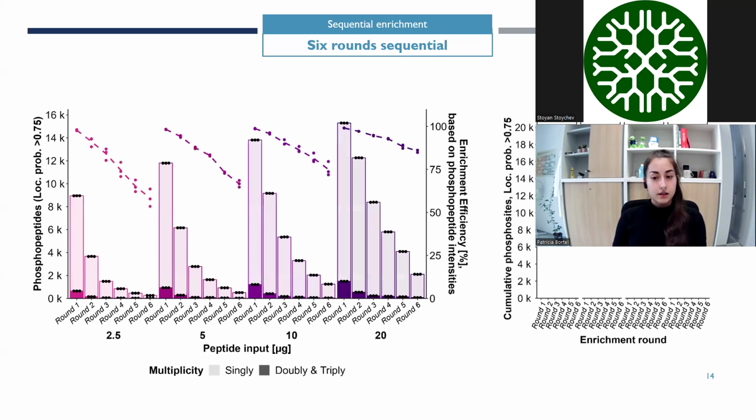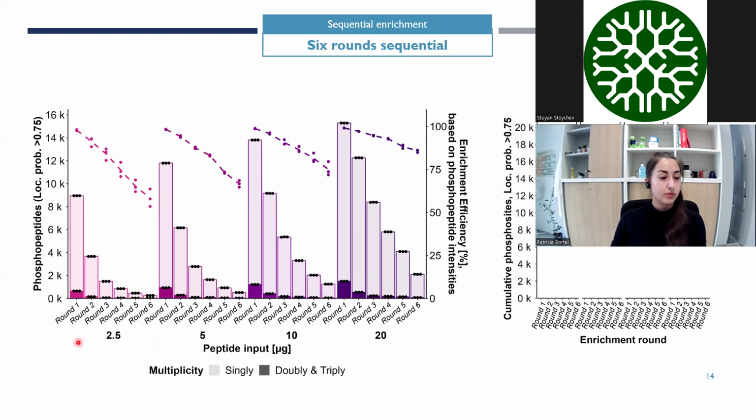So the next thing regarding sequential enrichment we wanted to test was how many rounds of sequential enrichment are actually needed to efficiently deplete a peptide input sample of phosphopeptides. And we tested this quite extensively by performing 6 rounds of sequential enrichment with 4 different peptide input amounts, which were 2.5, 5, 10, and 20 micrograms.